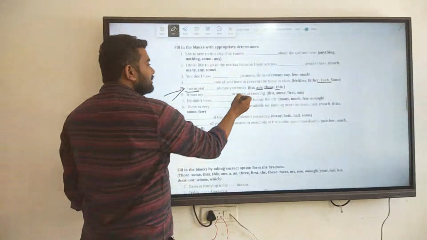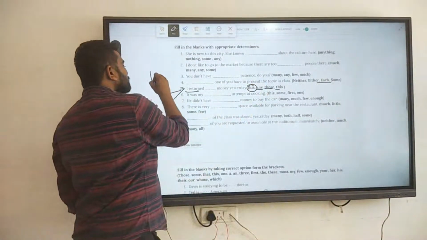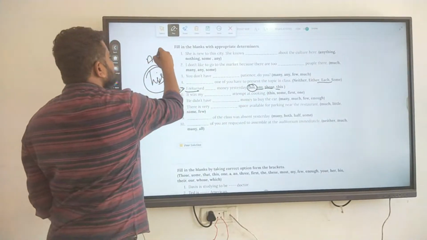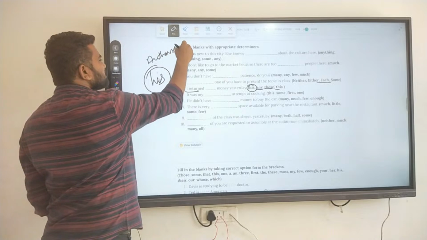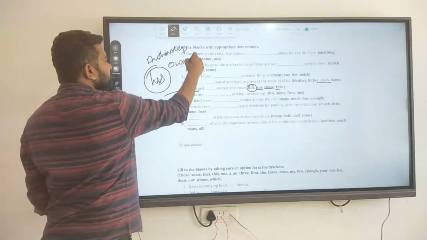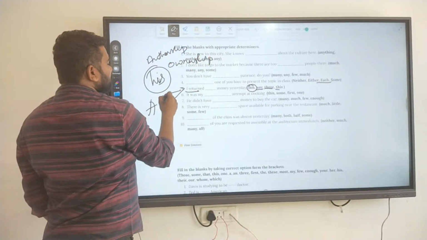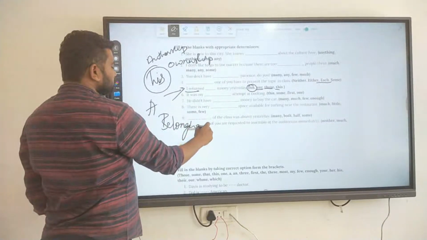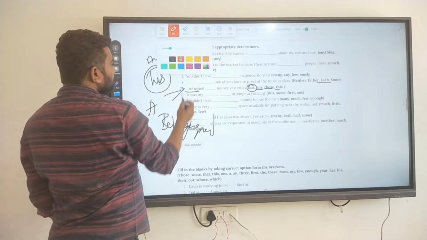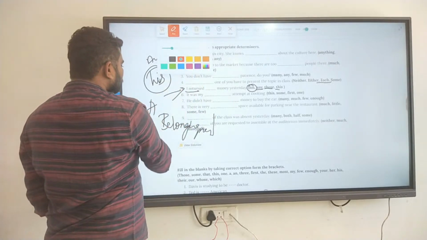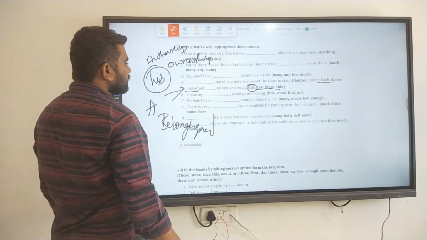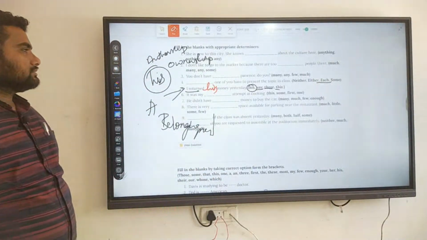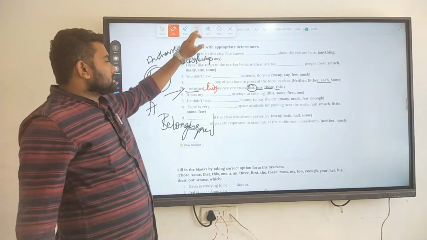And here we have his. His means what? Ownership. Ownership means authorship. We use different words in English: authorship, ownership, or belongingness. So that's the reason your answer is his. I returned his money yesterday.